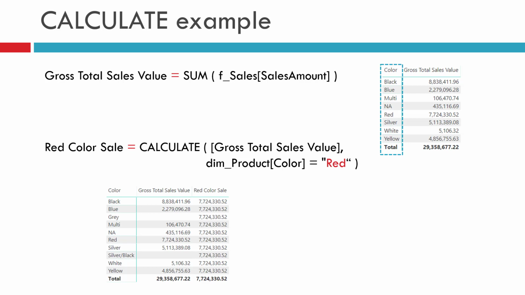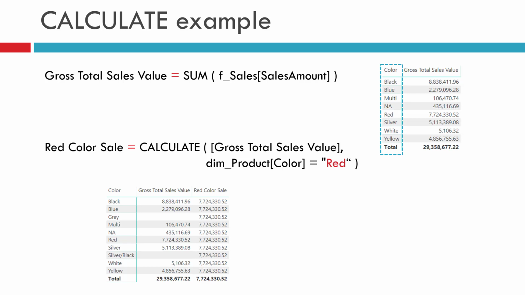Now moving on to the second step, since we are using CALCULATE, it will check whether any filter condition is specified in the CALCULATE function. In the current case, you can see that we have specified product color as red only. So CALCULATE will have the upper hand and the previous filter context taken from the visuals will be ignored and red only will be considered.